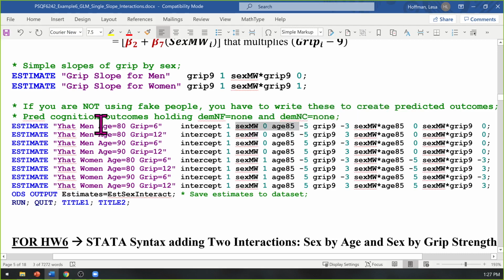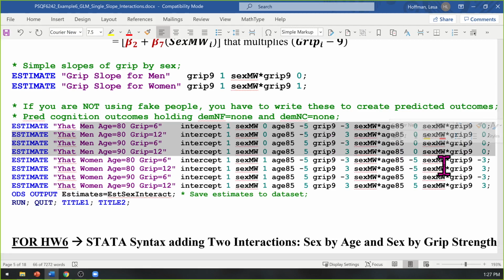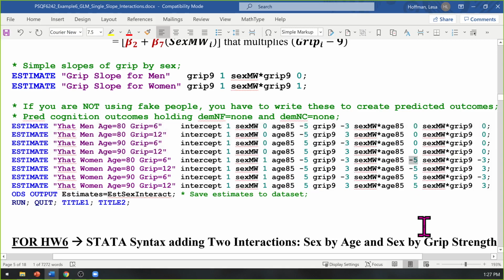So all of the predicted values that involve men, their interaction terms are going to 0 out because men are the reference for the model. The main effects cover what happens for men. To figure out what happens for women, the interaction terms kick in. And so this is a -5 here because I had said 1 for women times -5 for age, and 1 times -5 is -5.